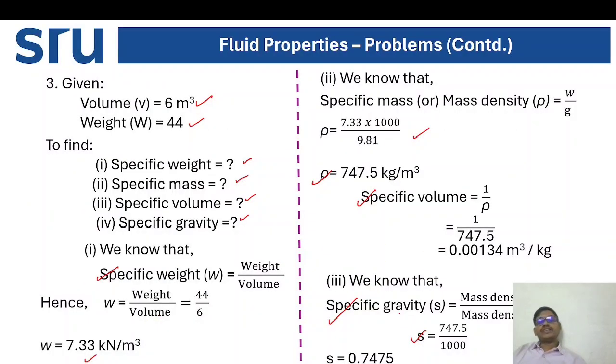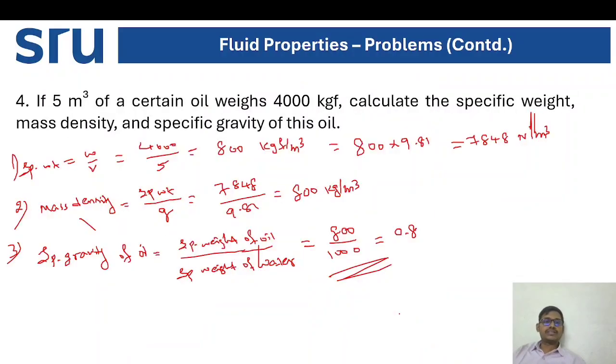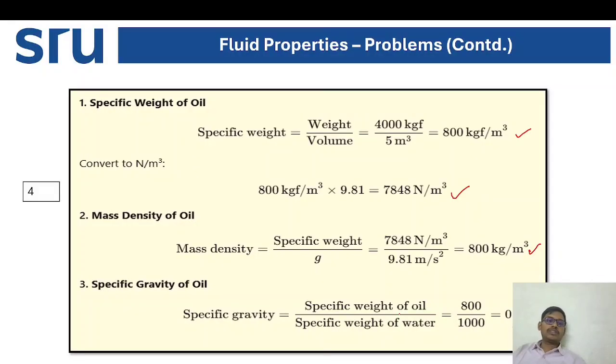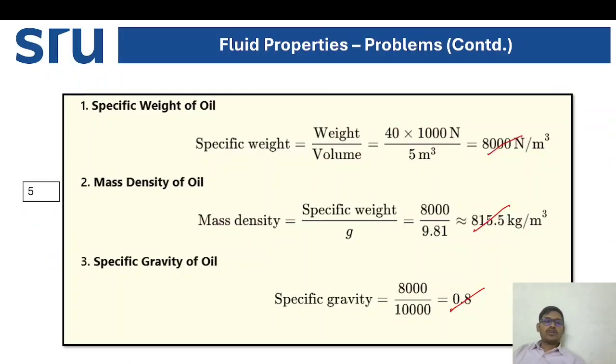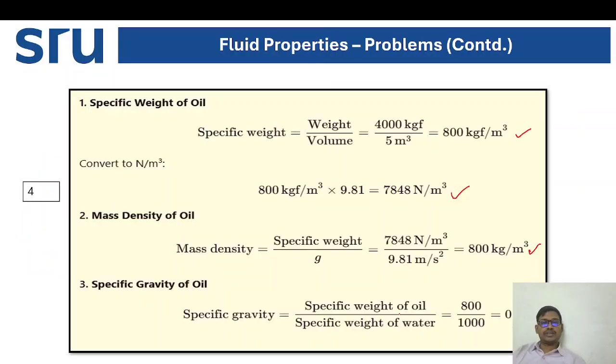Then specific weight, specific mass, specific volume and specific gravity we have calculated. And specific weight of oil, mass density of oil and specific gravity of oil, for the different things we have calculated.